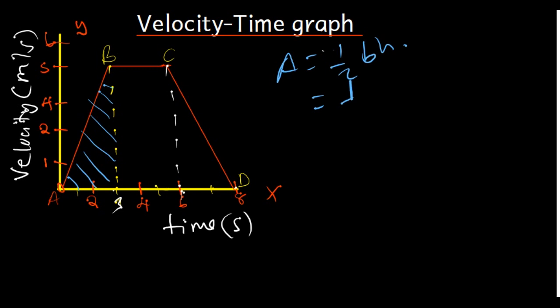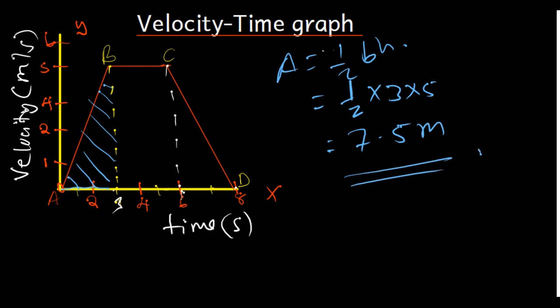So I'm going to have half, my B is going to be this line, which is 3, times the height, which is 5. Then 3 times 5, and 1 over 2 is the same as 0.5, so I'm going to say times 0.5. So I'm getting 7.5 meters. That is the displacement from A to B.